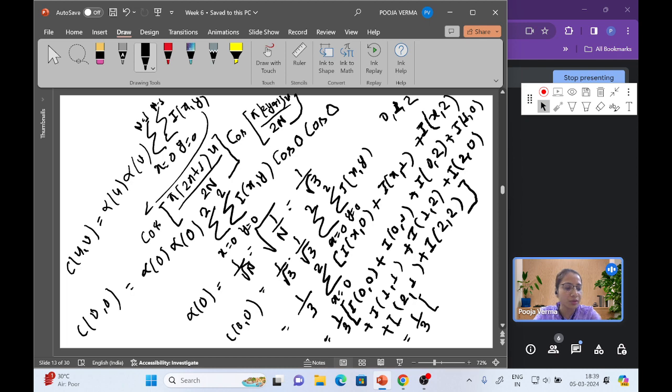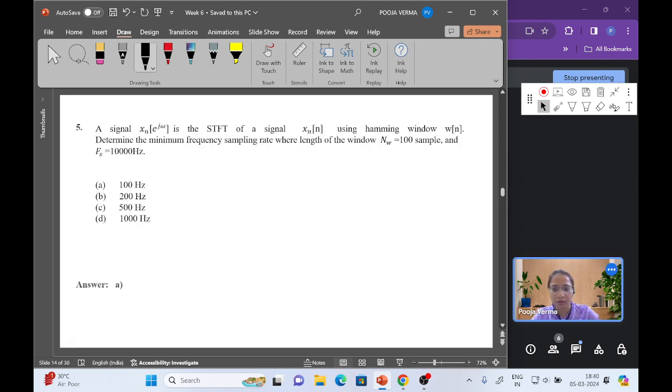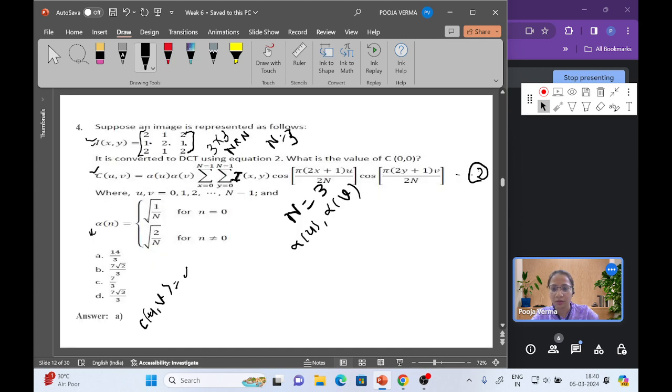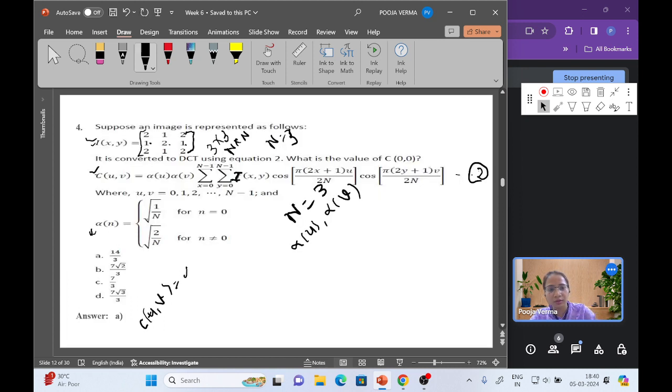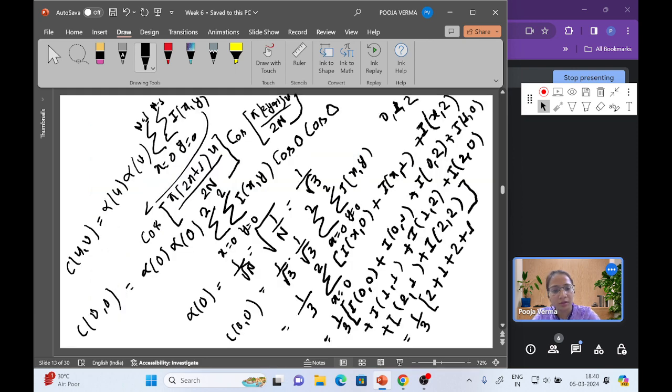What is the value of I 0 comma 0? That is 2, right? Then what is the value of I 0 comma 1? That is 1. What is the value of I 0 comma 2? That is 2. Plus similarly I 1 comma 0 is 1 plus 2 plus 1.